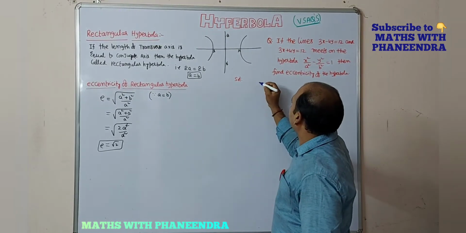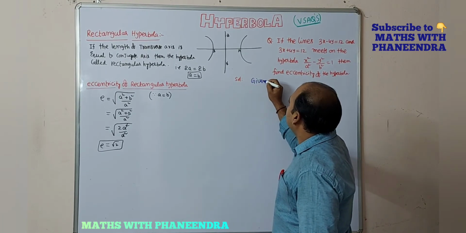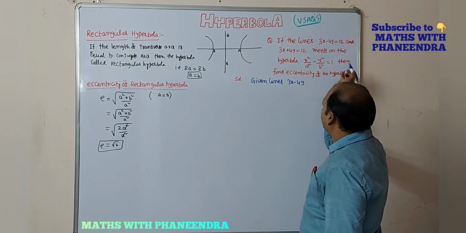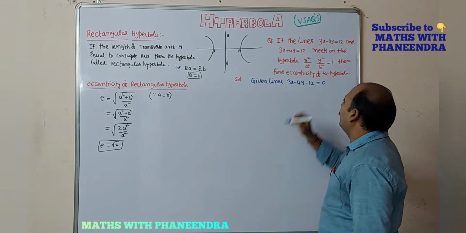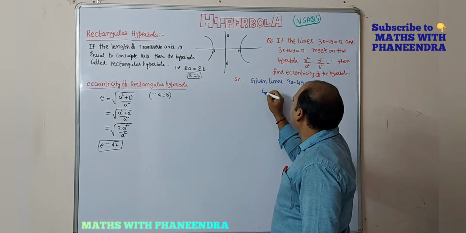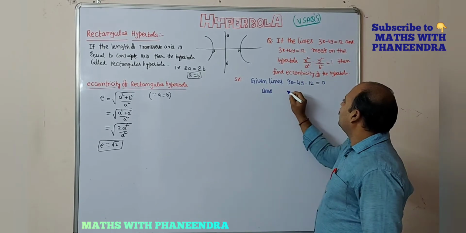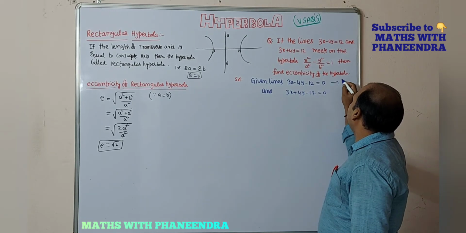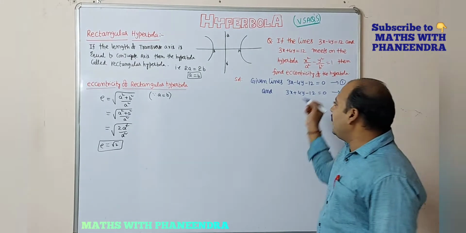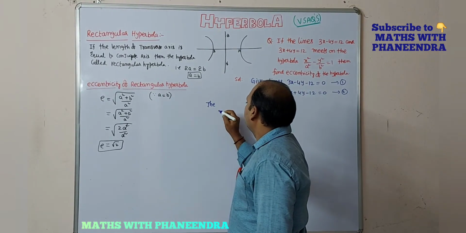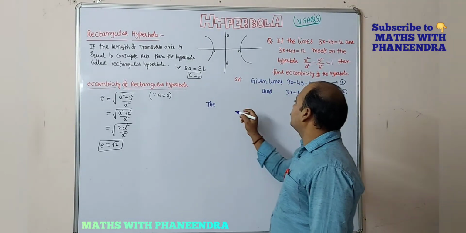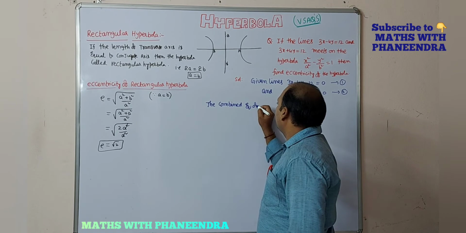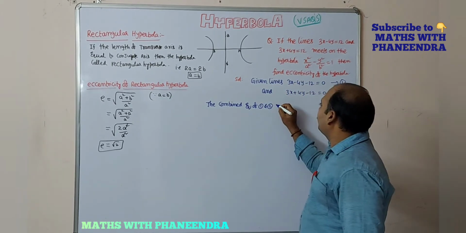So the combined equation of the given lines, first step: 3x minus 4y, the 12 we can also take to this side, minus 12 equal to 0, and 3x plus 4y minus 12 equal to 0. Equation number 1, equation number 2. The combined equation of 1 and 2 represents a hyperbola.